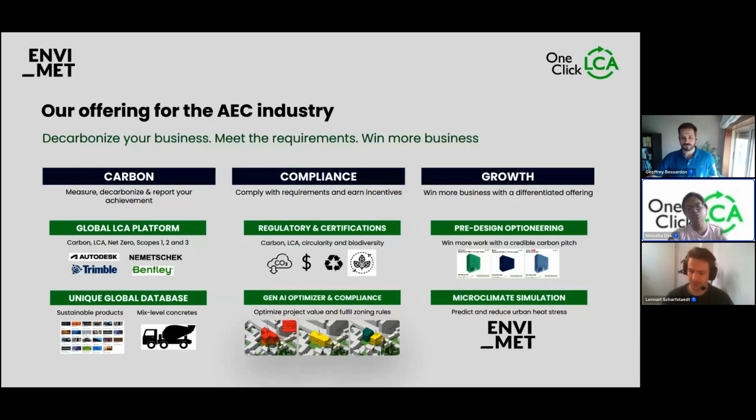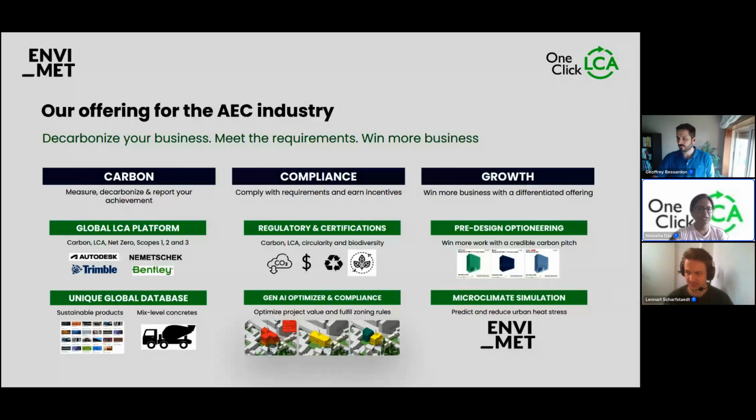So you can also use our Carbon Designer software to work on pre-design or concept stage design as well. So we have a tool for every stage of the design which can be used. We have an LCA tool, we have an LCC tool, we have biodiversity, we have building circularity tools. So you can use all of these tools to optimize your design.